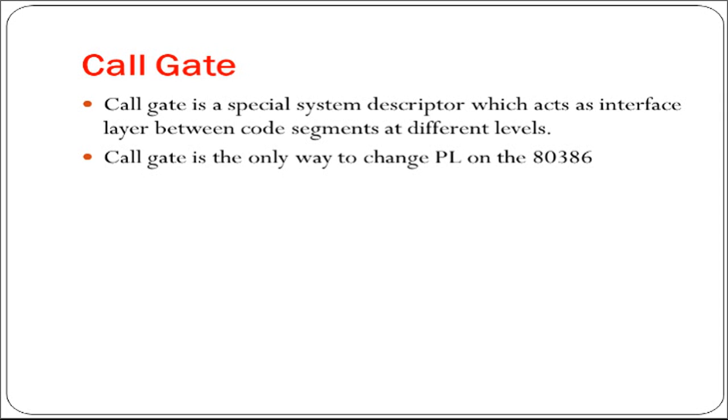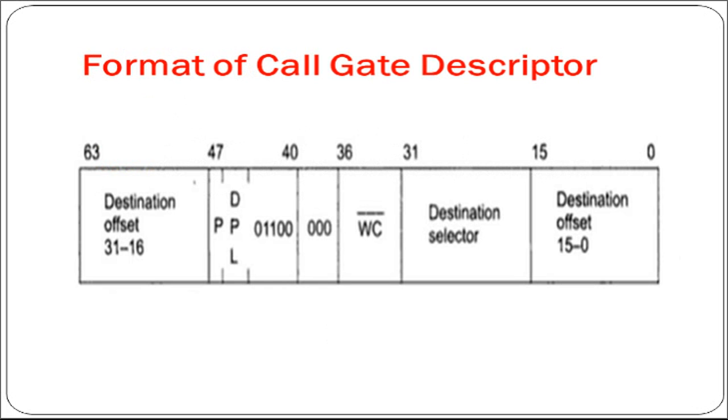Now let's see the format of the call gate descriptor, which is a system descriptor. Call gate descriptors do not define any memory space. They have no base address or limit field.